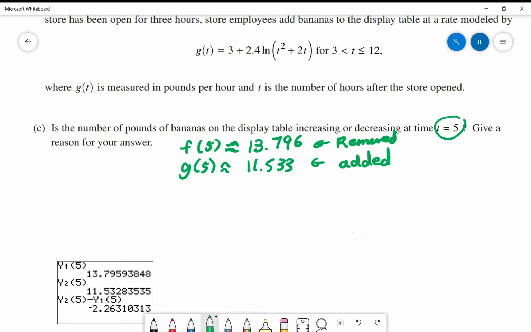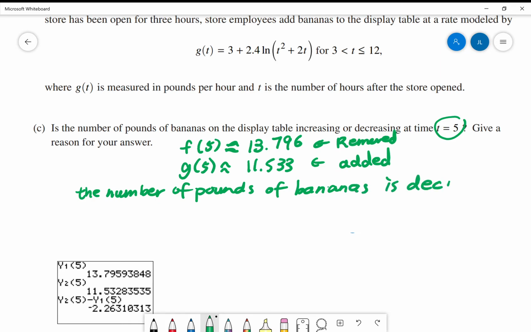And of course, we can see that the rate at which bananas are being removed is higher. Therefore, we can say the number of pounds of bananas is decreasing at time t is equal to 5 hours.